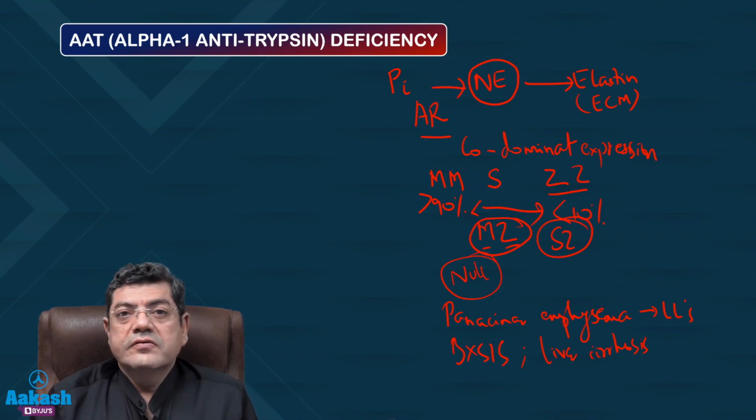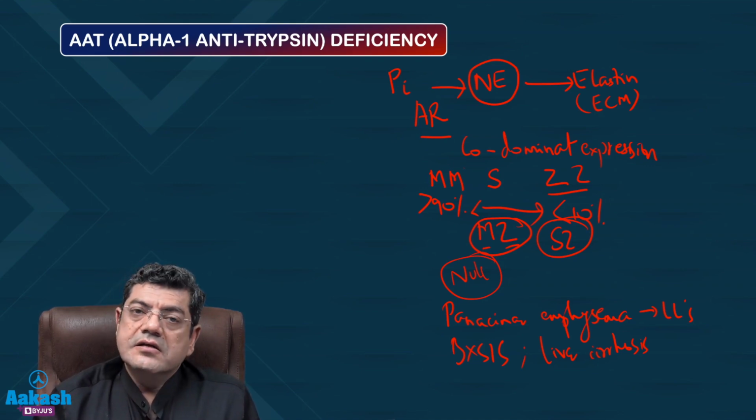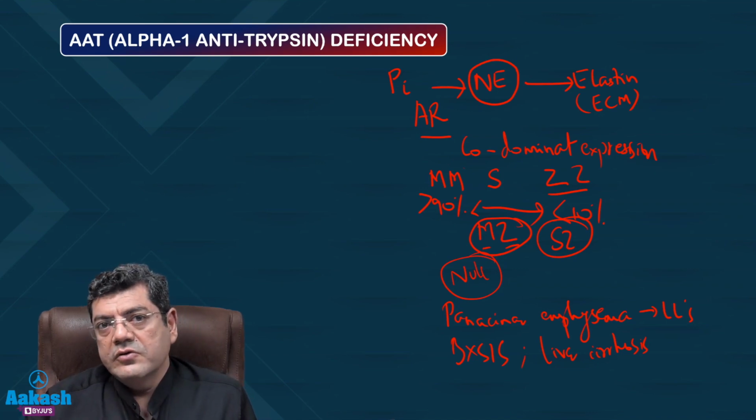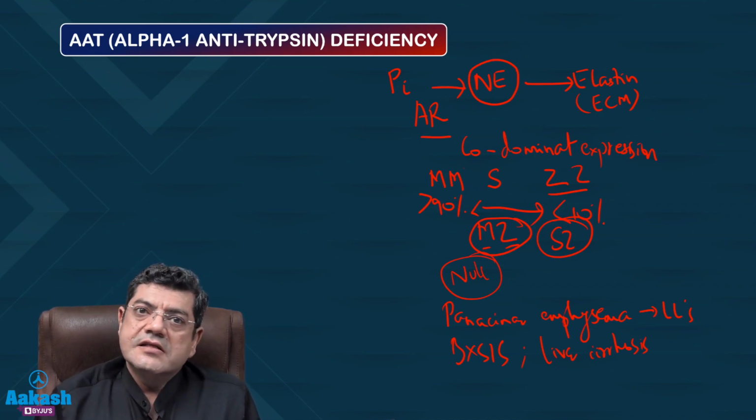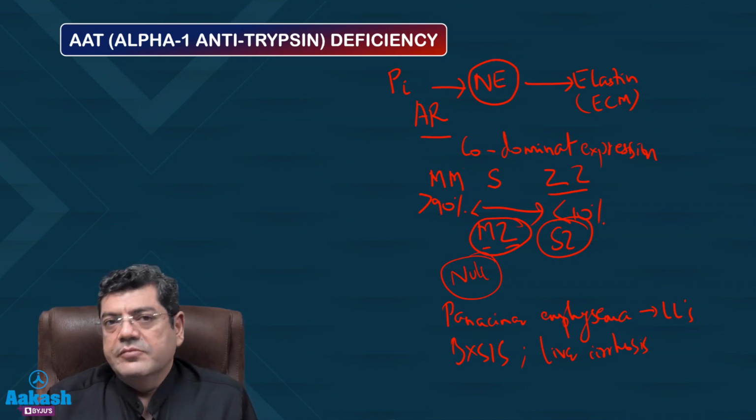The hepatocellular necrosis and the macrophage clearing of the abnormally folded protein results in chronic hepatocellular damage, inflammation, and ultimately fibrosis.